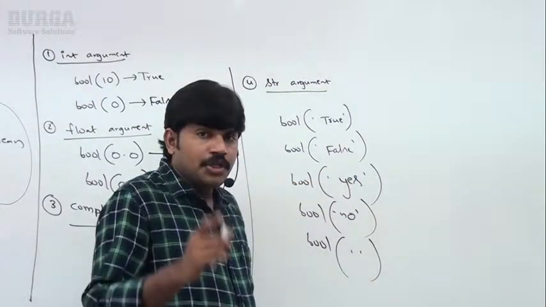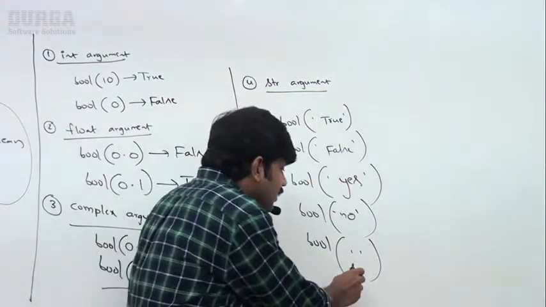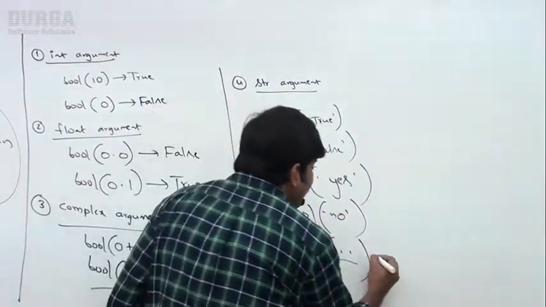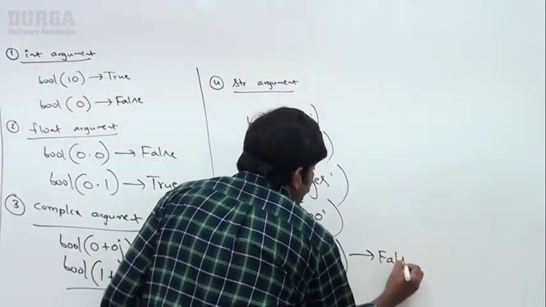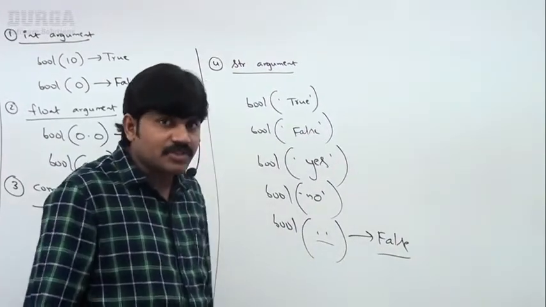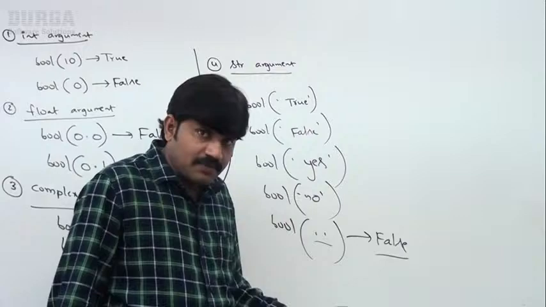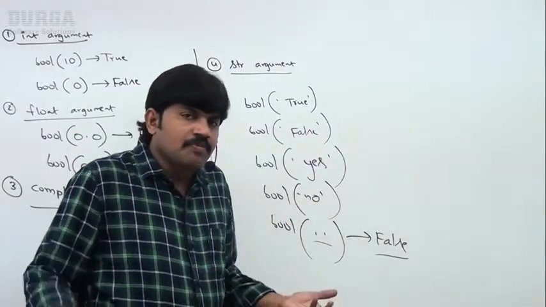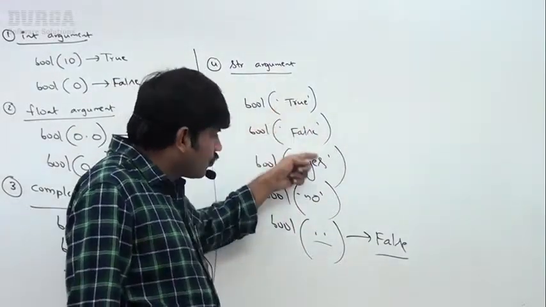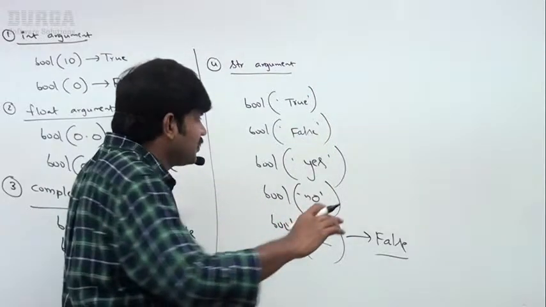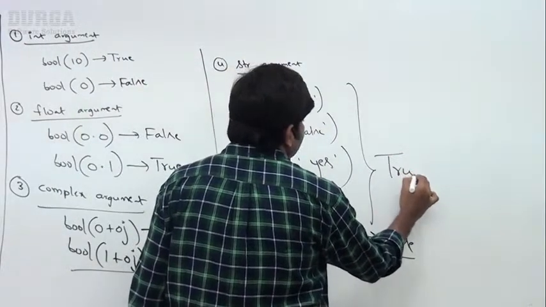If the argument is an empty string, then only it is considered false. If it is not empty, it may contain true or false or Durga or yes or no. In all cases, we are going to get true as the answer.